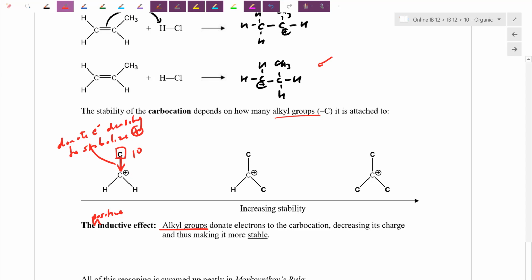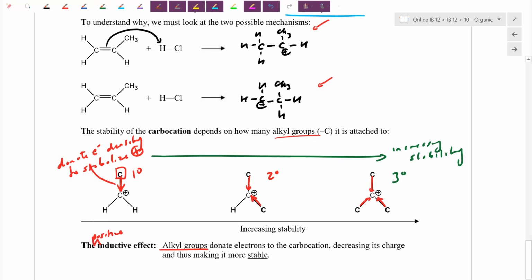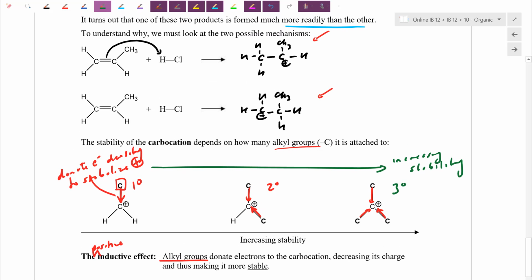In fact, the more carbons that I have, now we have a secondary carbocation. Now I have 2 alkyl groups doing it, or I have 3 alkyl groups doing it here. Based on our carbocation stability, we have increasing stability as we go from primary to secondary to tertiary. So, as we look at these 2 possibilities, this one here is a secondary carbocation.